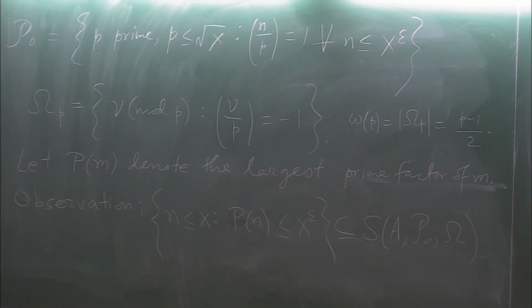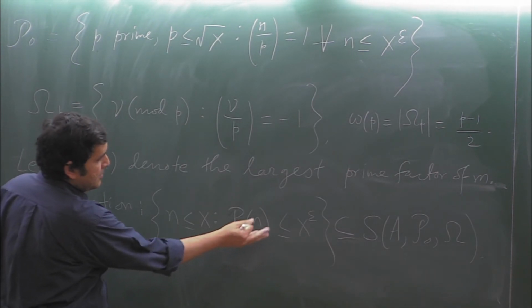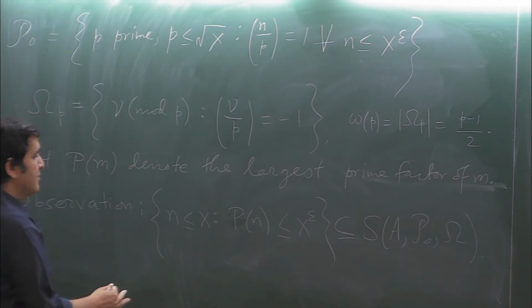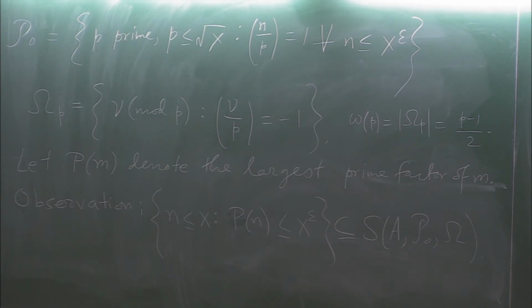So now if you start with an integer whose prime factors are all quite small, and quadratic residue is a multiplicative function.